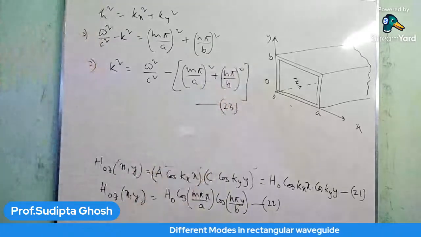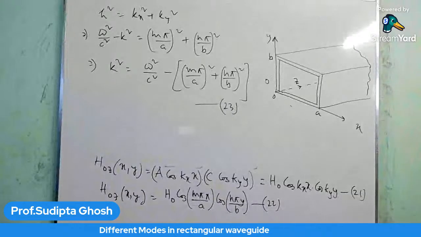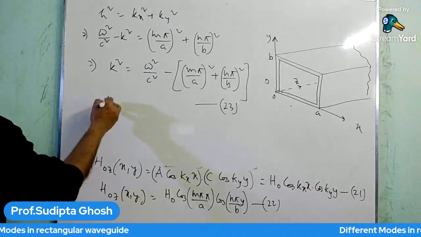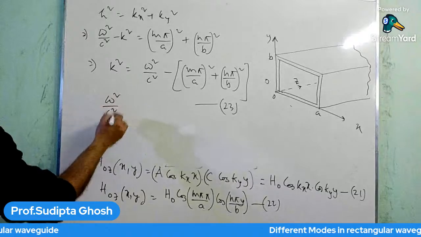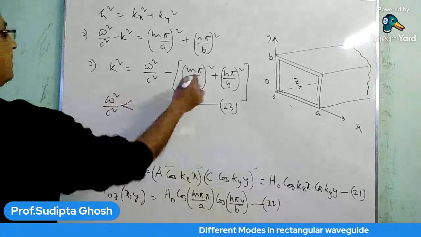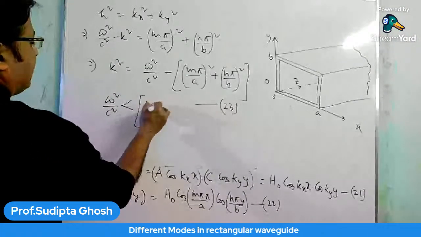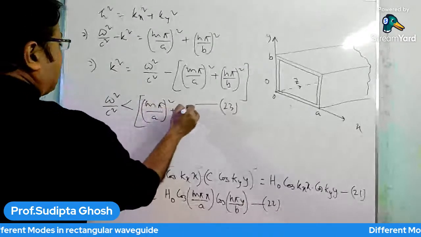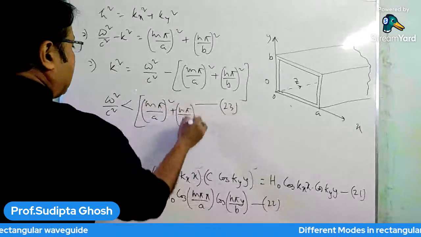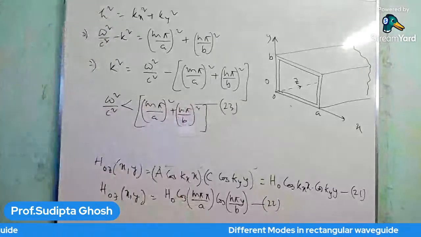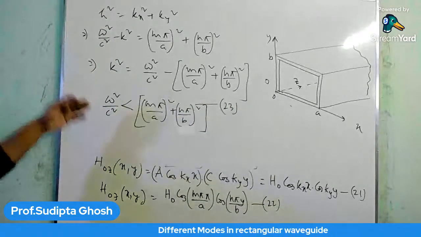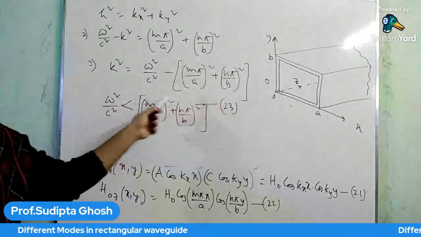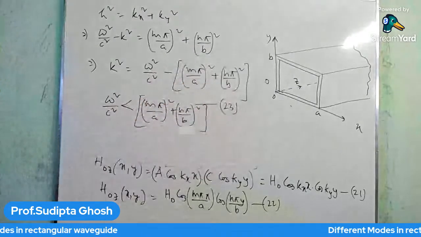Now one physical aspect can be drawn from this. You can see that the value of omega square by c square can be less than the value of m pi by a square plus n pi by b square. It can happen. Now if the value of omega square by c square is less than the value written inside the bracket, what will happen?